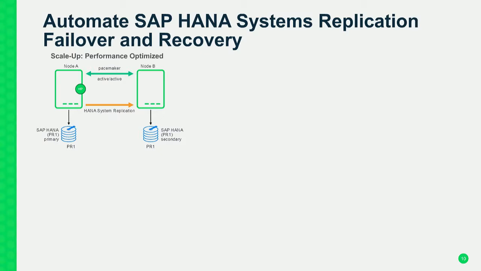So with SLES for SAP applications, we've come up with a way to automate not only detecting that problem, but automating the failover and making sure that the primary system doesn't try to come back up as a secondary system after the failover occurs. So this is the performance optimized scenario. That's going to provide the fastest recovery since both memory and storage are already set up in Node B in the event that Node A fails.